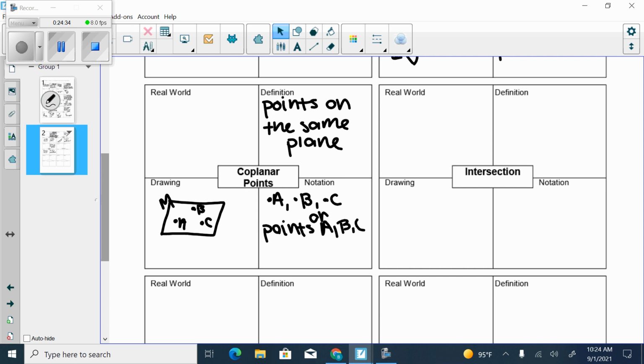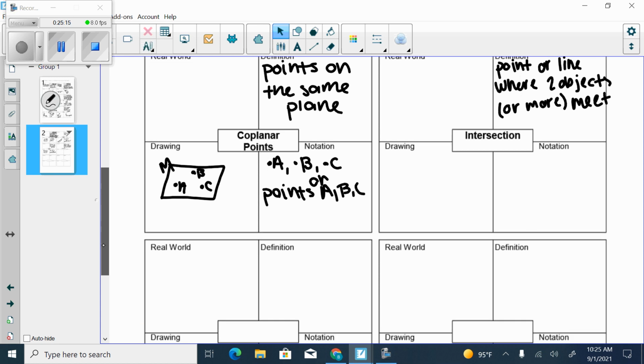Okay, so our definition is going to be: a point or line where two or more objects meet.